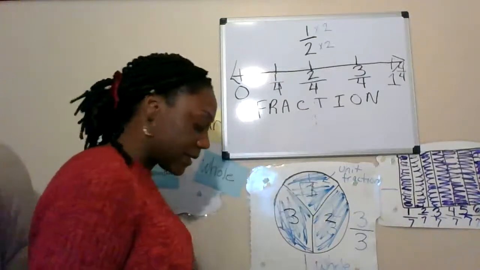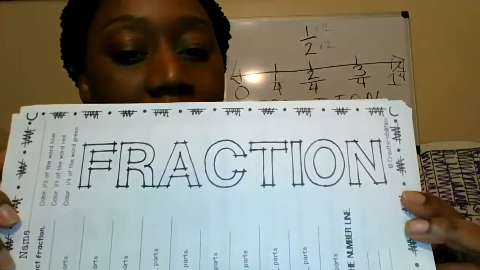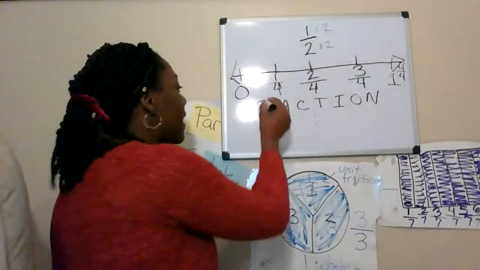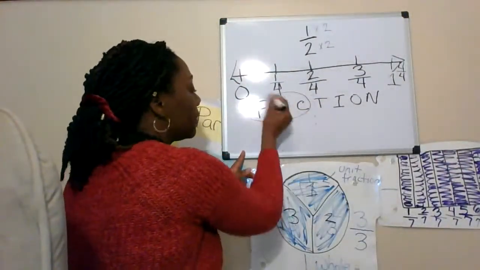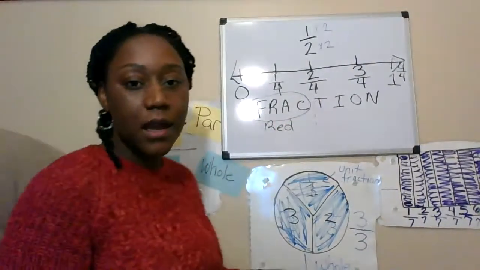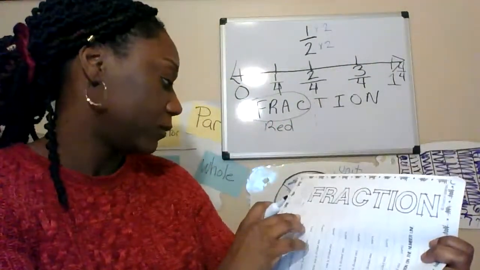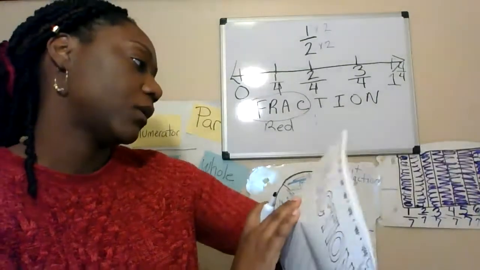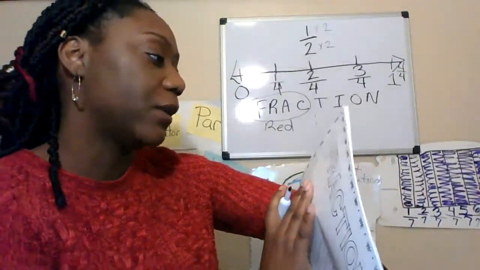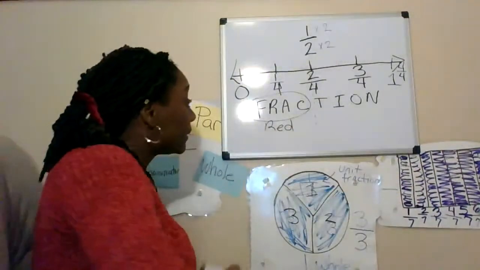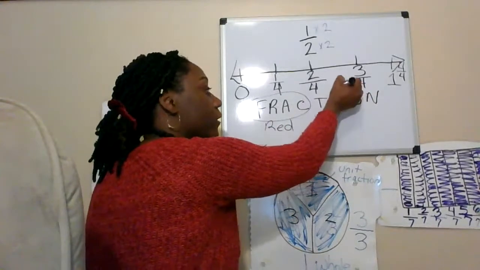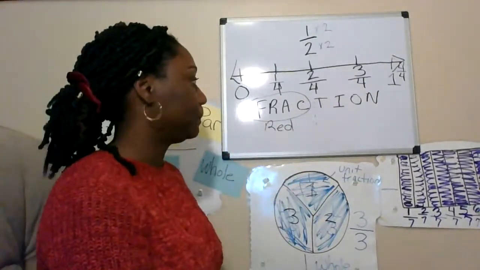So if I'm going to color half of the fraction red, then that would be this half. No, half is blue. If I'm going to color 1/4 red and 1/4 green, so we have this half to color 1/4 red and 1/4 green.